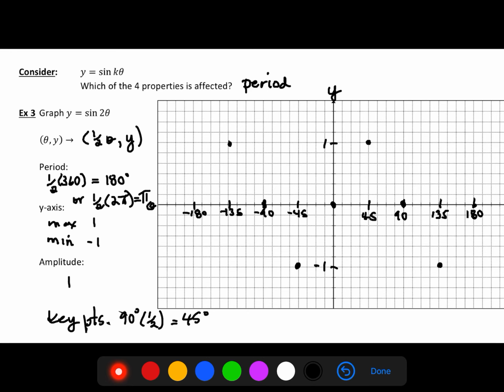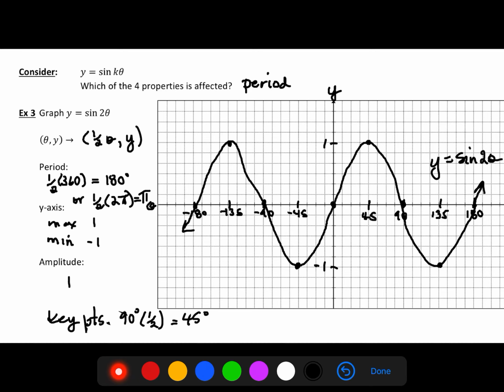So we're going to go from our middle of our graph to the max, to the middle, to the minimum, back to the middle, and again, doing our negative cycle, we're going to go the other way. And again, trying to draw a nice smooth curve. Arrows on the end, and we're going to label our graph.